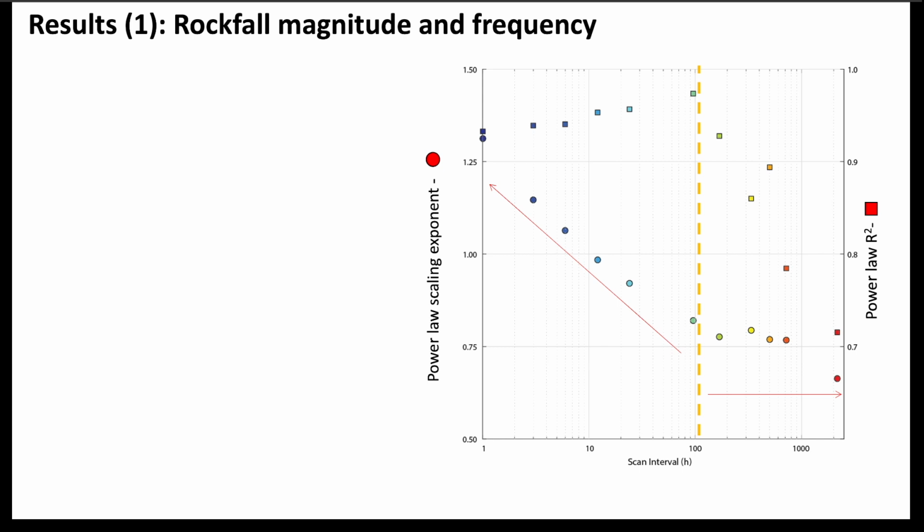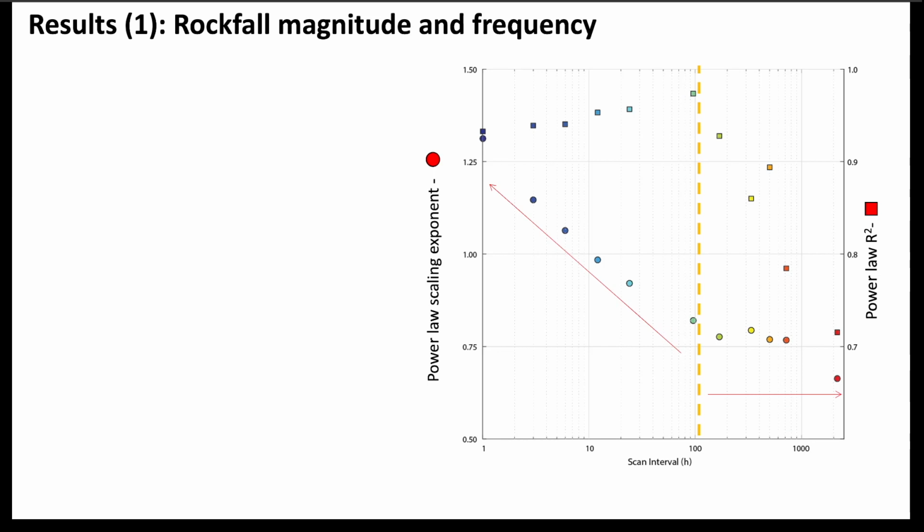If you take the gradient, or the power law scaling exponent, of those lines, and look at the relationship between that and the scan interval, so how often you monitor the cliff, you see an interesting relationship which perhaps gives us an idea of the optimum frequency with which we should monitor the cliff. The circle data here is the power law scaling exponent, and what you notice is that for scan intervals less than 100 hours, or 4 days or so, the more you measure it, the greater the power law scaling exponent.